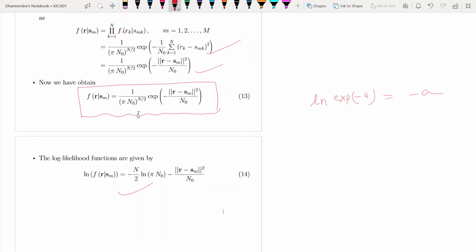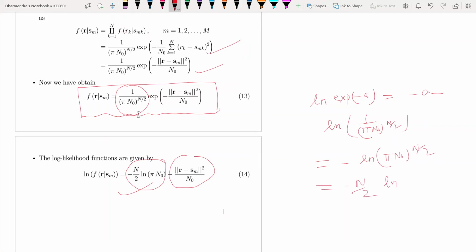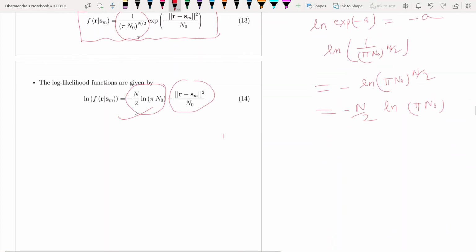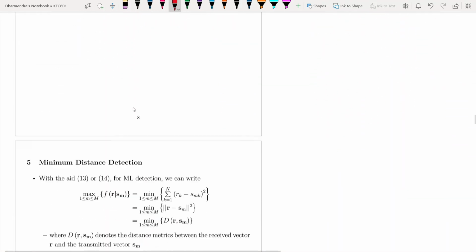The natural log of 1 by (pi N0) power N by 2 is minus N by 2 times ln of pi N0. So this is the log likelihood function equation.